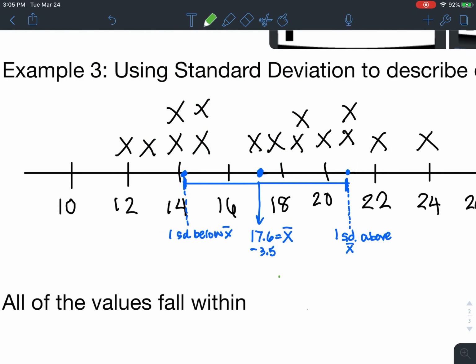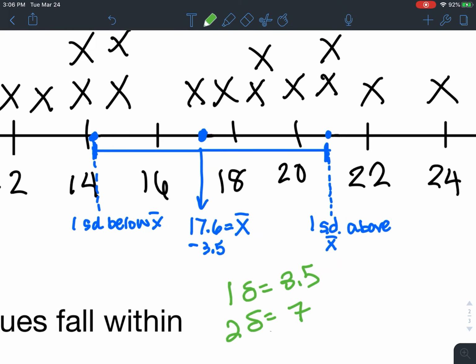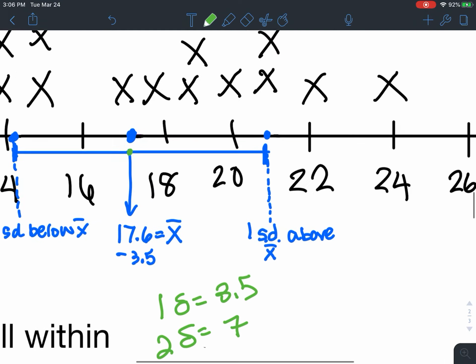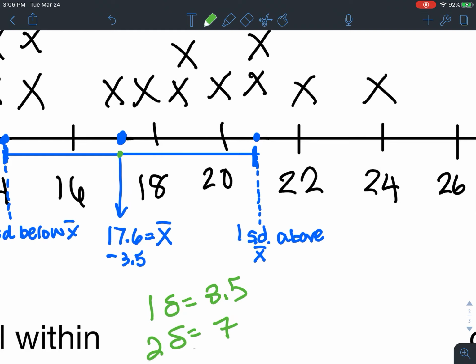Okay, let's talk 2 standard deviations. If 1 standard deviation is 3.5, then 2 standard deviations would be 7, right? So let's go back to the mean, because it's all based on the mean, and let's go 7 above to 24.6, which would be about here.